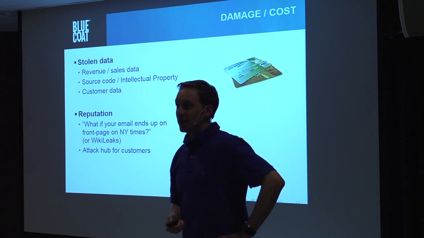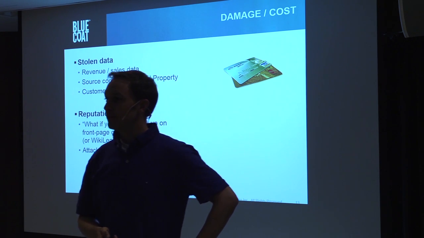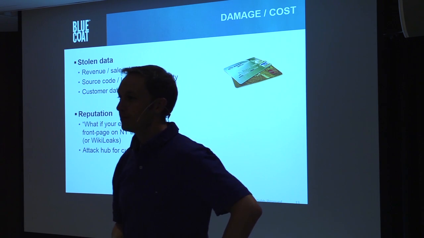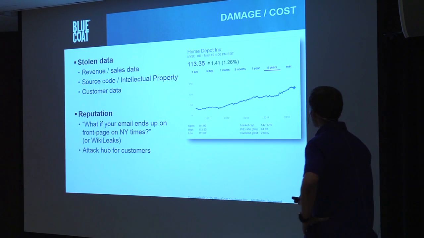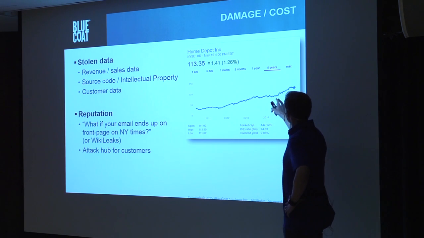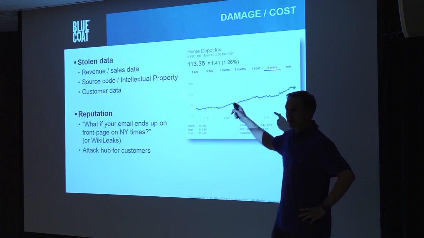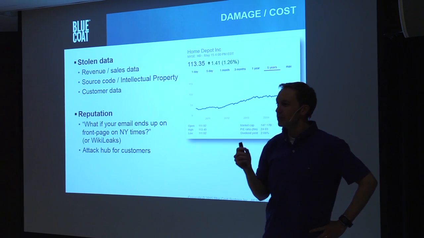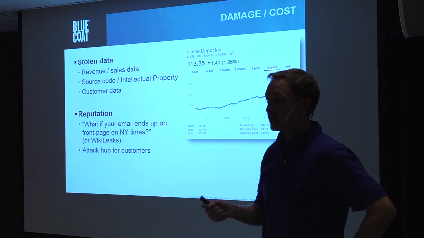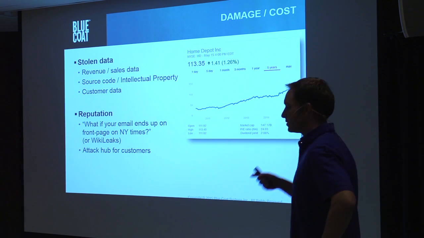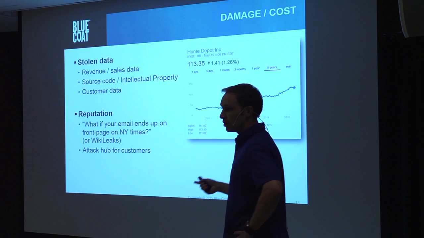So do you think this has had a big impact on Home Depot? Here's the stock curve. September 2014, somewhere around here, is where the breach happened. You can see it had almost no impact on the stock at all. And why is that? Because the CISO, or the security team in total, did a very good job.